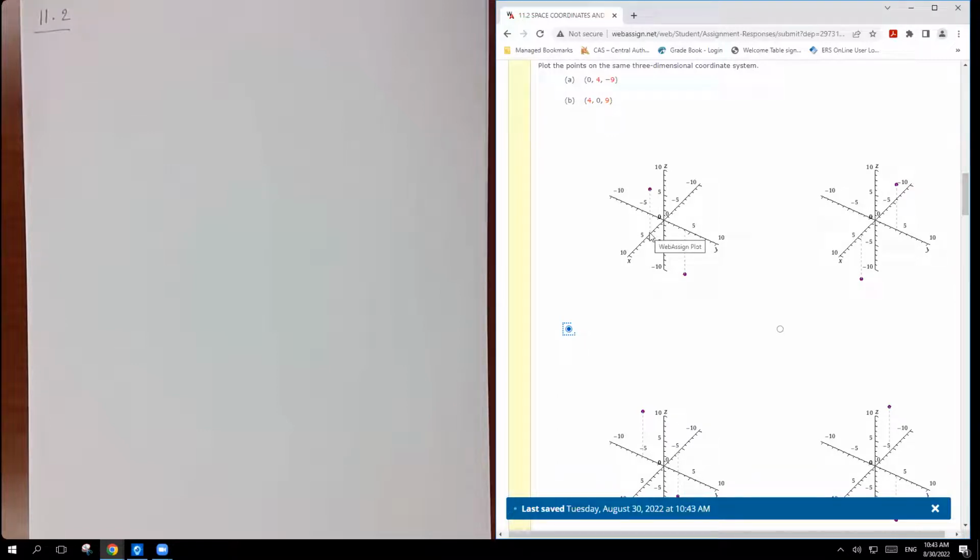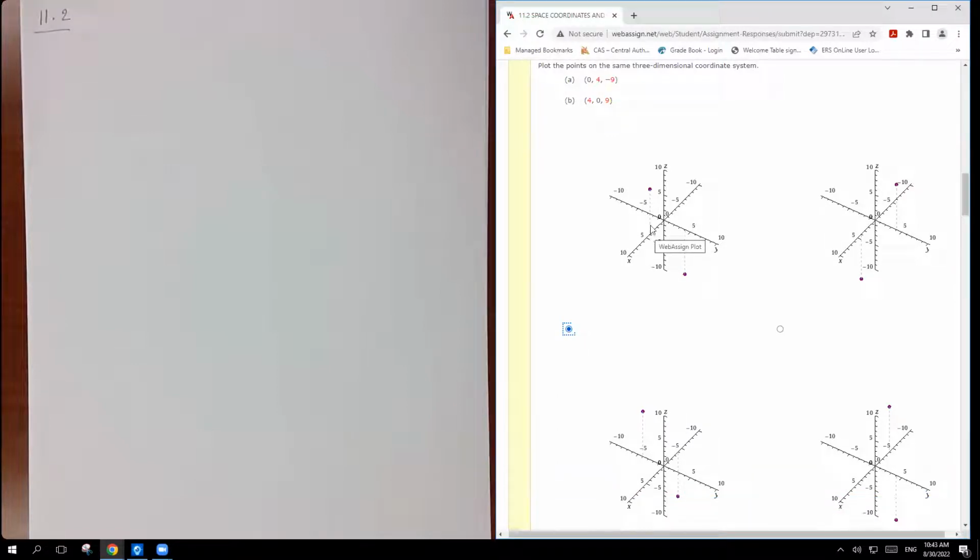Z is 9. That means you're going to go 9 up. So this is going to be the right solution, 9. If you look at this one, you're going to say this is 5 or 6. No, because you have to get like this. You get the graph? So this is the right one.